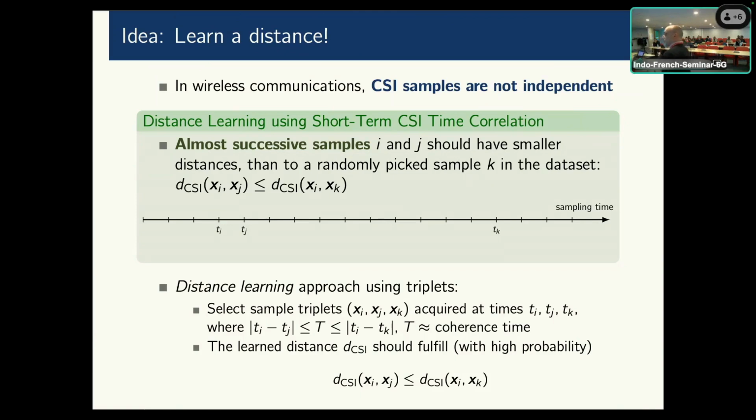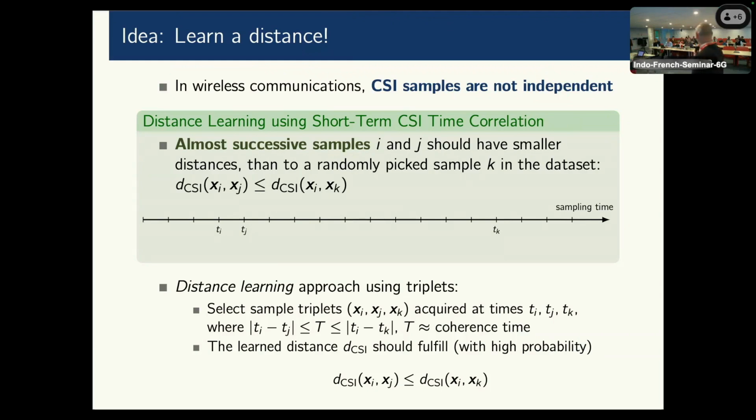So here I'm trying to define a distance. I don't know yet what I put behind this distance, but I expect it to fulfill this inequality, which says that the distance between these two samples should be smaller than the distance between this sample and that one, which is completely unrelated.